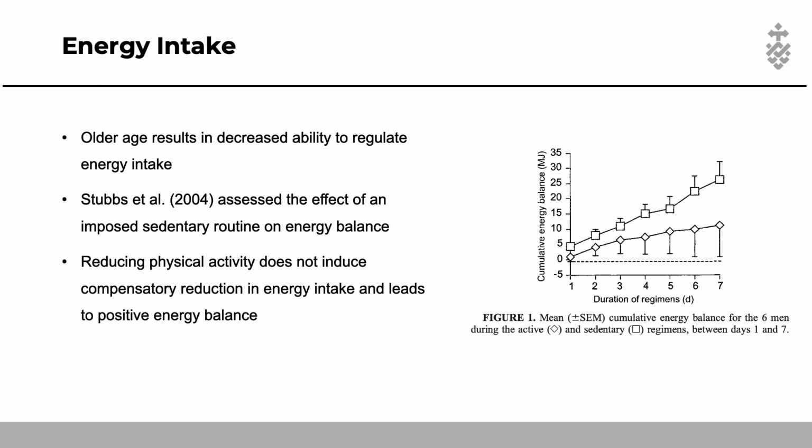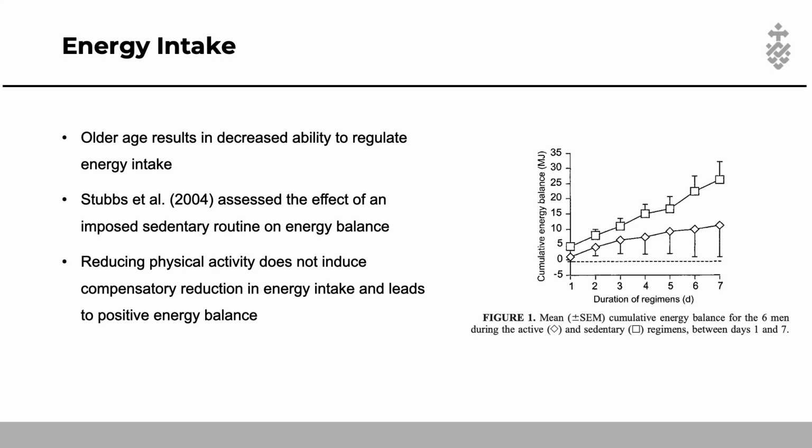So if we're moving less, we need to eat less to maintain our body weight. Now, researchers have shown that old age results in a decreased ability to regulate energy intake.